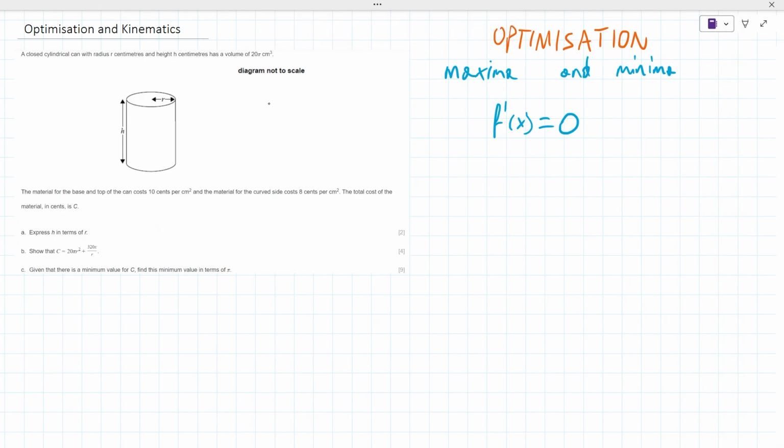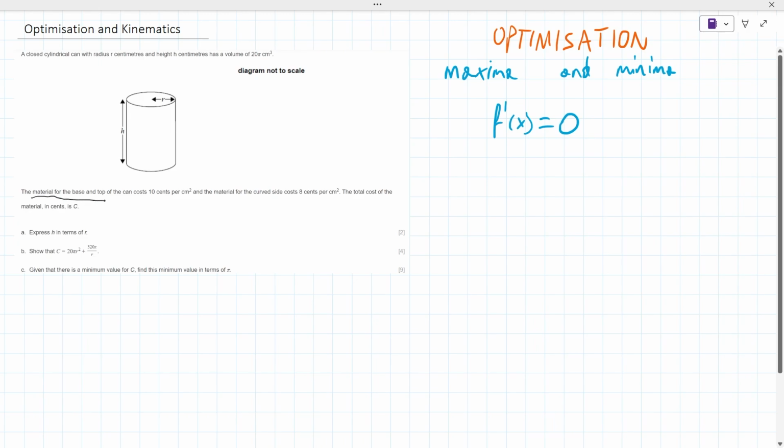And in those types of questions, they always give you some sort of constraint. In this case, this is the volume of the cylinder, with which we can actually make sure that there is one variable based on which we can express everything. So we're given h and r, but thanks to this constraint, we can connect these two and express one in terms of the other.